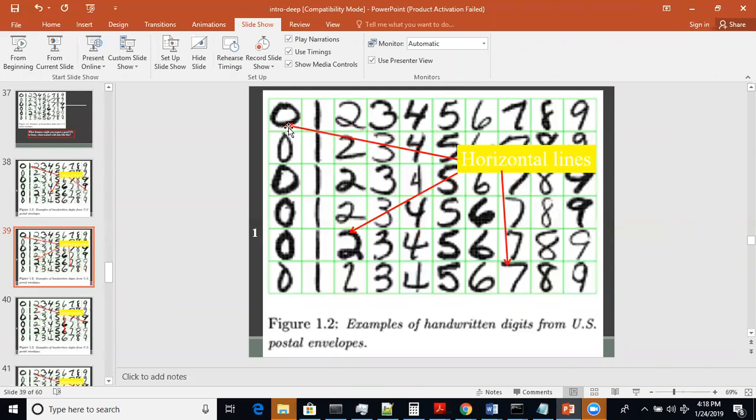Now at this point it might think of a horizontal line because it looks horizontal. Here it looks horizontal, and here also. What does this look like? A circle. This also a circle, and this also a circle.